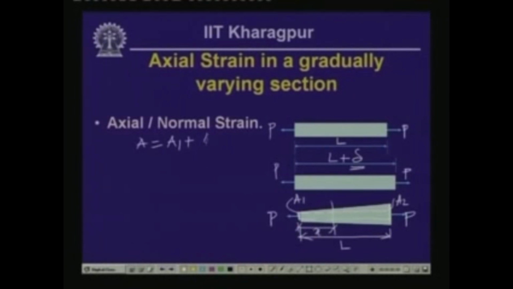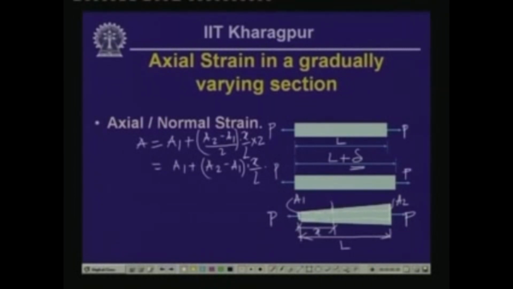So, this is (A2 minus A1) divided by 2 into, at this point it will be x over L, and since we have this unit plus this unit which will give me the total area over here, times 2. So, this is equal to A1 plus (A2 minus A1) times x upon L. So, this is the cross sectional area over this particular segment.